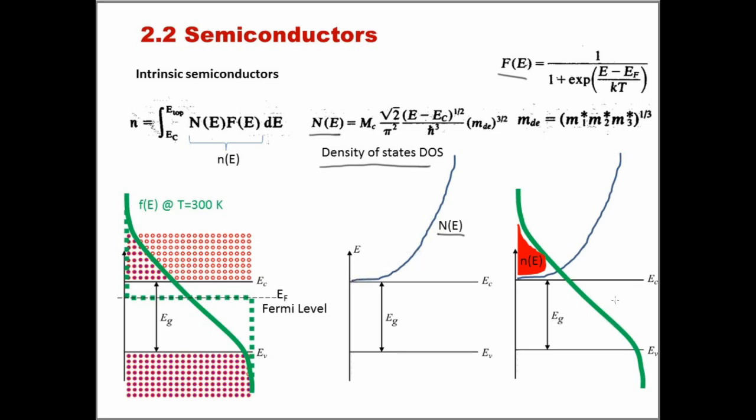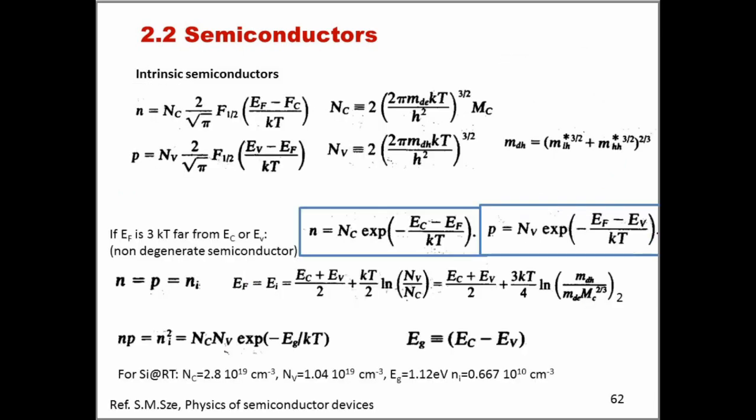Considering that Fe is this green curve here, it is the product of the green curve and the blue curve that gives this red area here. So it is the area of this red portion that provides the actual density of electrons. Even if we've done this calculation stating here that this is for an intrinsic semiconductor, you can see that this is really a general approach, so we can use it for any situation.